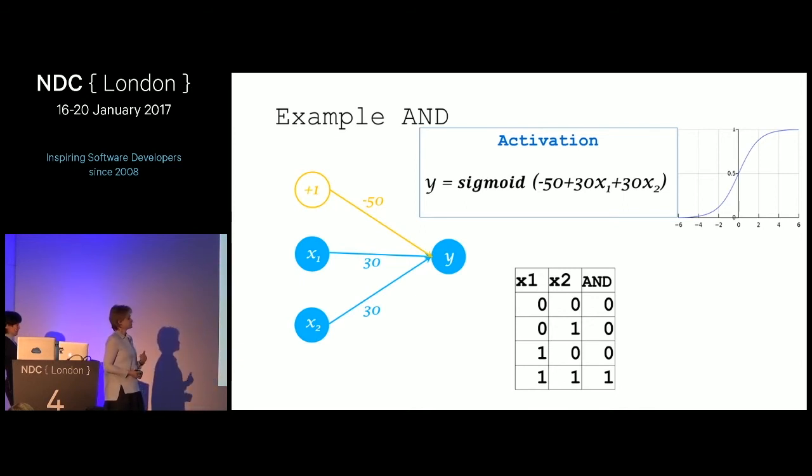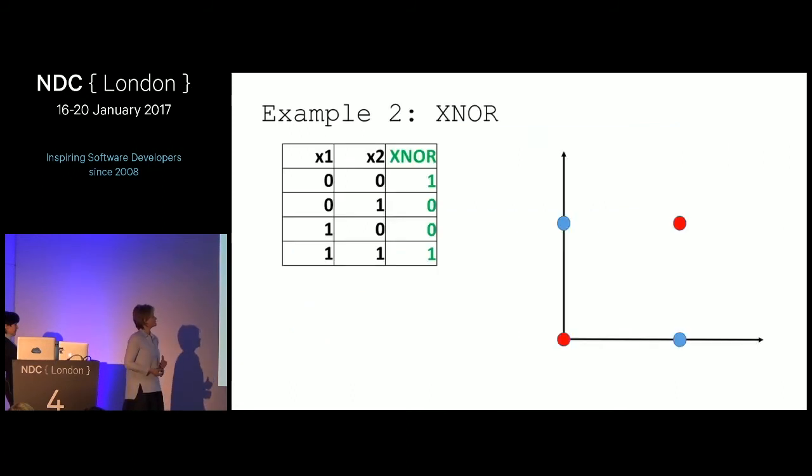Also, I will show you a little bit more complicated example that would give you better intuition about a neural network with a hidden layer. I'll show you the logical function XNOR, which is equal to 1 if both x1 and x2 are equal, and 0 otherwise. So that is a nonlinear dependency.